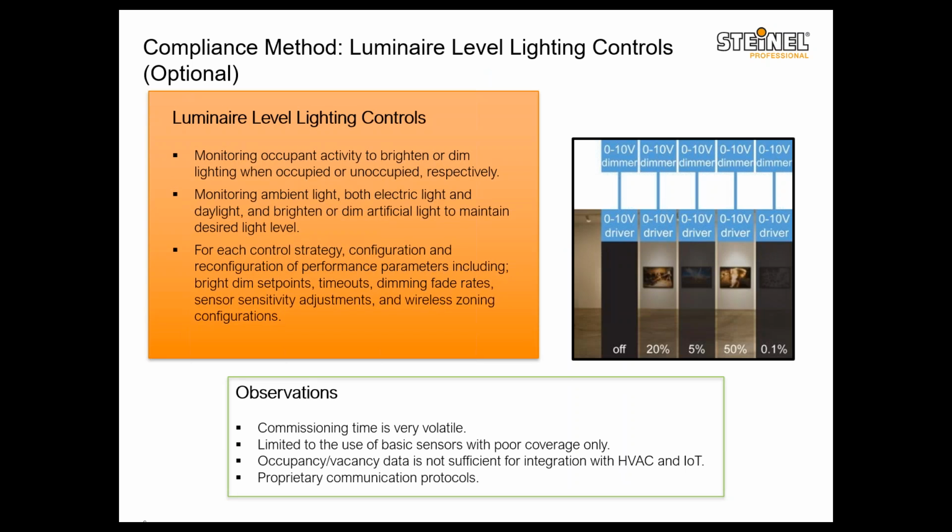Just to reiterate, the code has given us now two methods of compliance and has not given any preference to either. So really going with the luminaire level, the new method introduced, which is luminaire level lighting control, is really an optional thing. There is no part of the code that even gives the slightest preference.